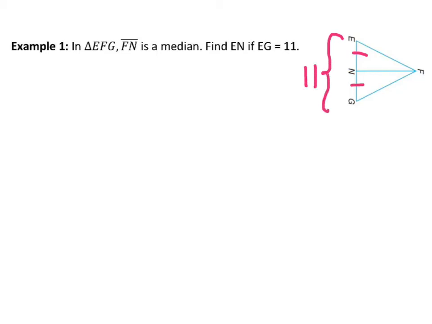So, if we want to find out what EN is, we could either simply cut 11 in half or indicate that EN is equal to x and NG is equal to x. That way, we can actually write an equation. So, x plus x are two parts of our segment set equal to our whole.